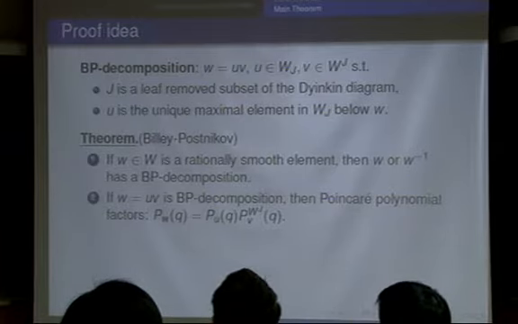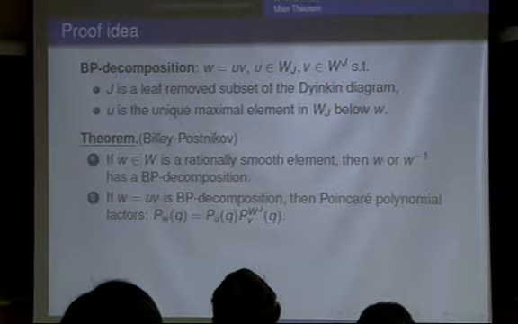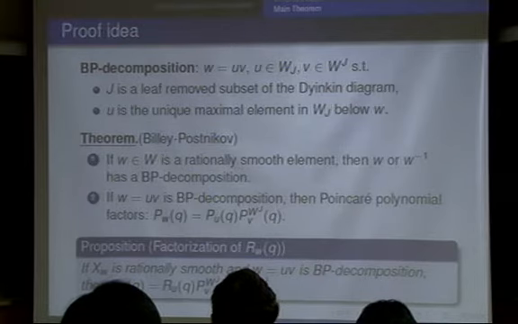Okay. And the theorem of Billey-Postnikov is that if W is rationally smooth, then it has a BP decomposition. And if it has a BP decomposition, then the Poincare polynomial factors: P_W equals P_U times this quotient P_V.